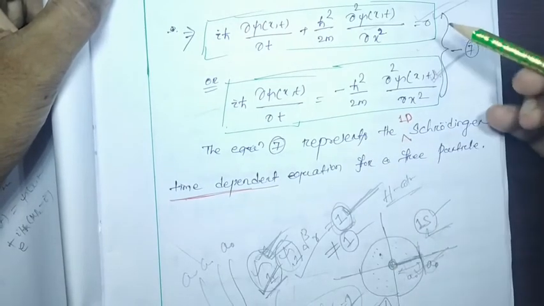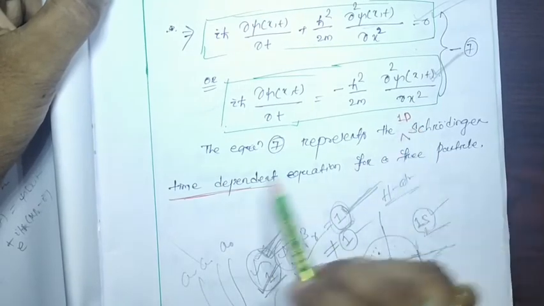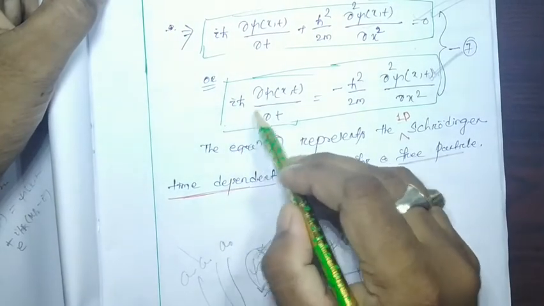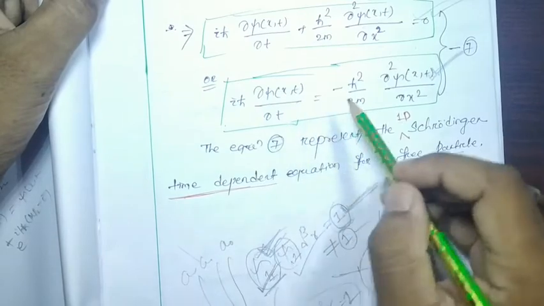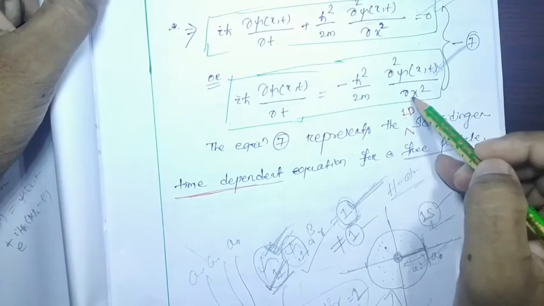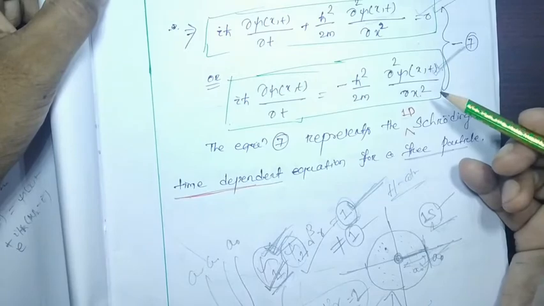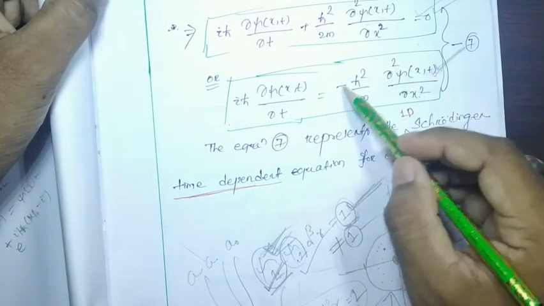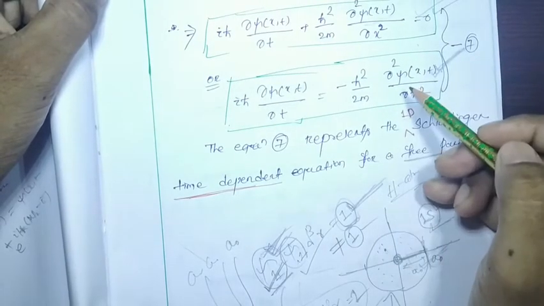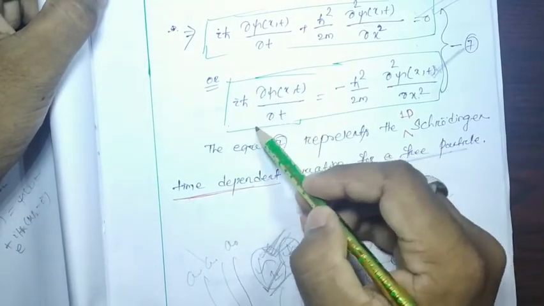From the one-dimensional time dependent Schrödinger equation, when we derived it for the free particle, we found that iħ del psi(x,t) by del t is equal to minus ħ square by 2m del square psi(x,t) by del x square. For the free particle the potential energy is 0. So on the right side, minus ħ square by 2m del square by del x square is nothing but the operator of the kinetic energy, the potential energy is 0, and on the left hand side is iħ del by del t.